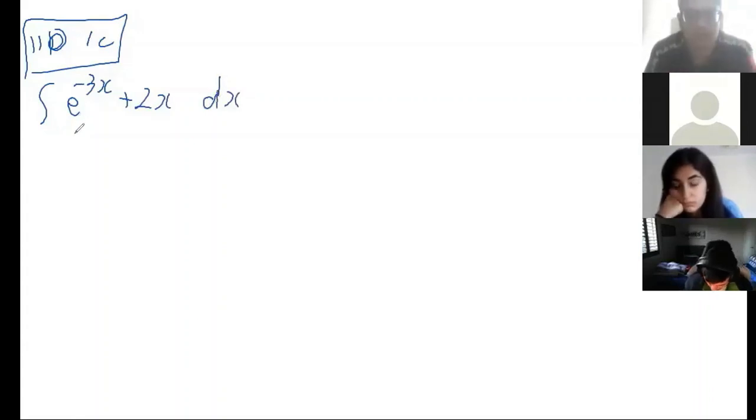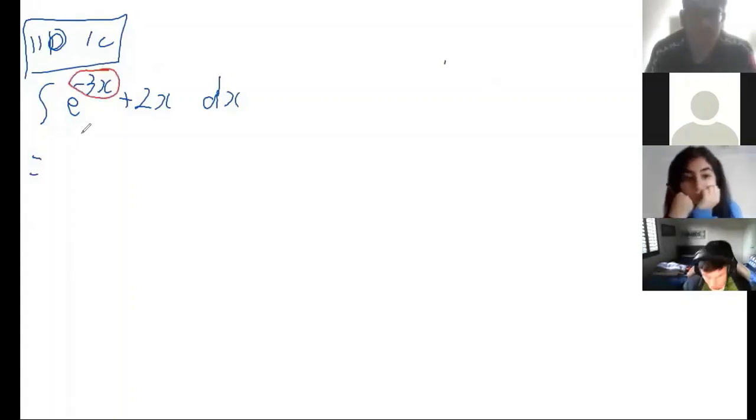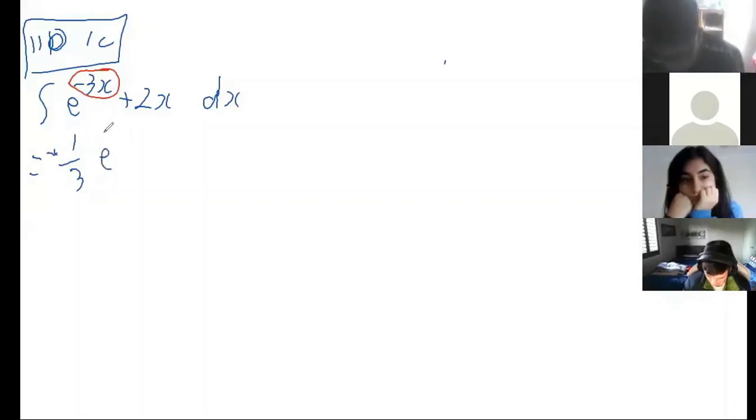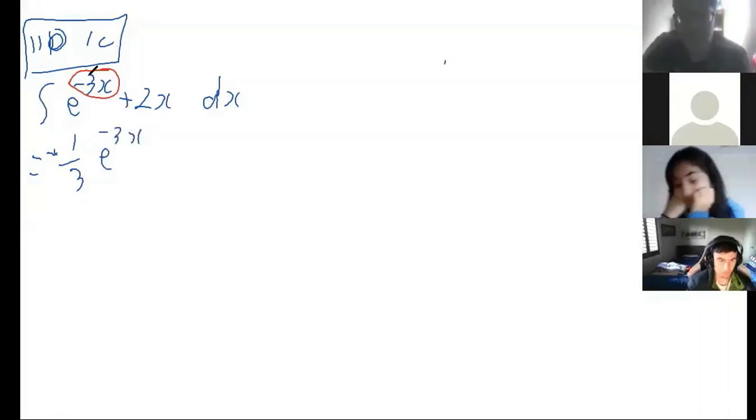When we integrate this first one, we differentiate the power, so this becomes negative 3. And we have to do 1 divided by that number, so we get negative 1/3. We've still got the e to the negative 3x. Remember that rule: 1 divided by the derivative of that power.